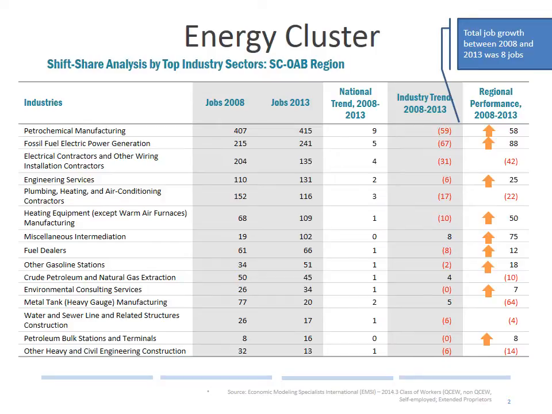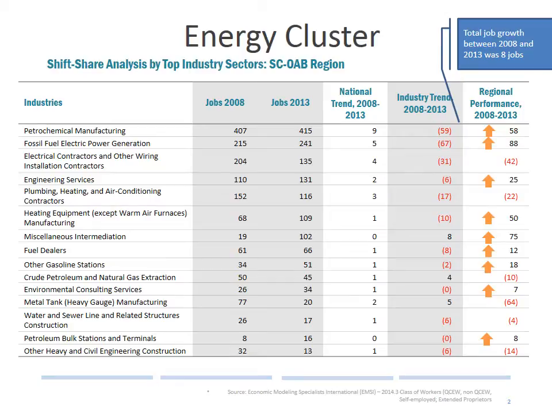These included miscellaneous intermediation, crude petroleum and natural gas extraction, and metal tank manufacturing. The rest of the industries all fared poorly over the last 5 years, so each industry that fell within that cluster was expected to have a decrease in employment.